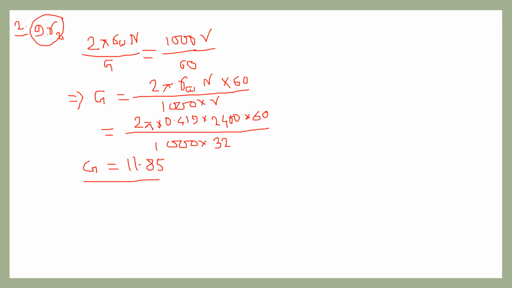We know G, the overall gear ratio, equals the gear ratio in the second gear into the differential ratio. So from here, the gear ratio in the second gear is capital G divided by the differential ratio.